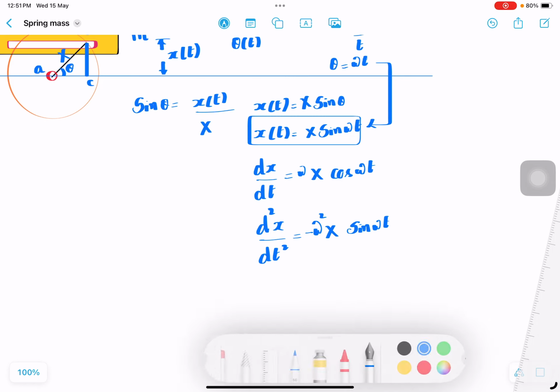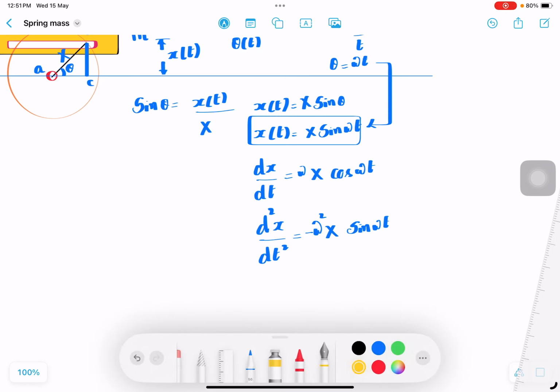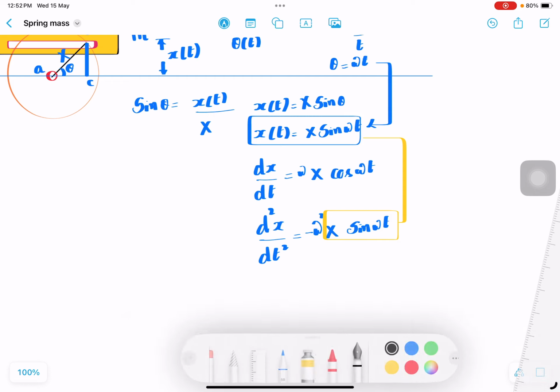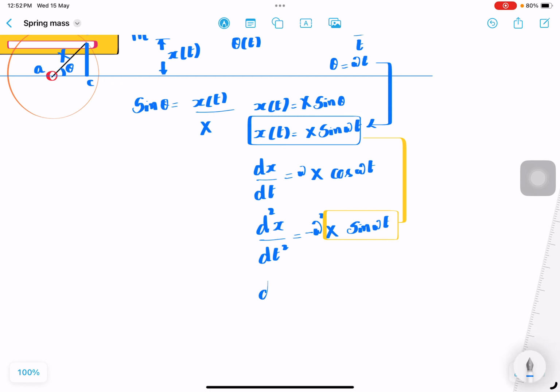In the next step, you could see that what is this term? This term that you see is the same as this term. So that enables me to substitute for capital X sine omega t. So I'll be getting in the next step d square x by dt square is equal to minus omega square into x.